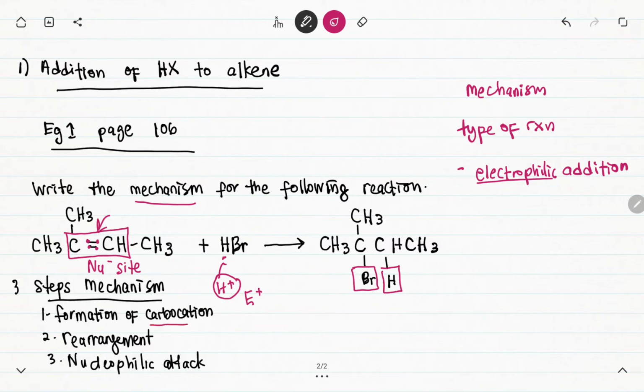First, formation of the carbocation, which is the C plus ion. Second, rearrangement, if any, to find the most stable carbocation to consider as the major product. And third, nucleophilic attack.